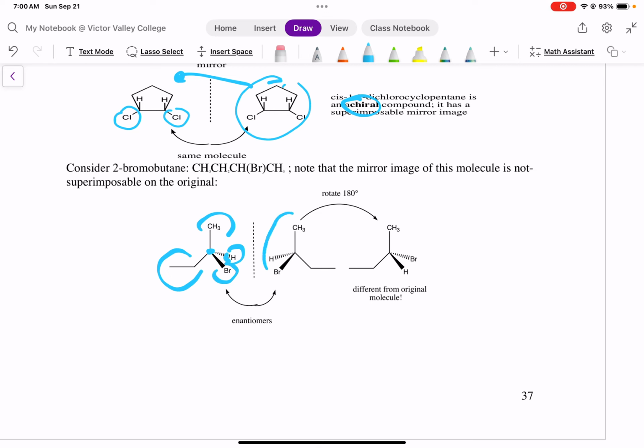The mirror image and the original molecule are two different molecules just because of the way the branches are organized. Just look at the bromo. On one side it's on the right side, and on the other side it's on the left side. So they're not going to match, unless you cannot tell the difference between right or left. So that's enantiomers, meaning chiral.